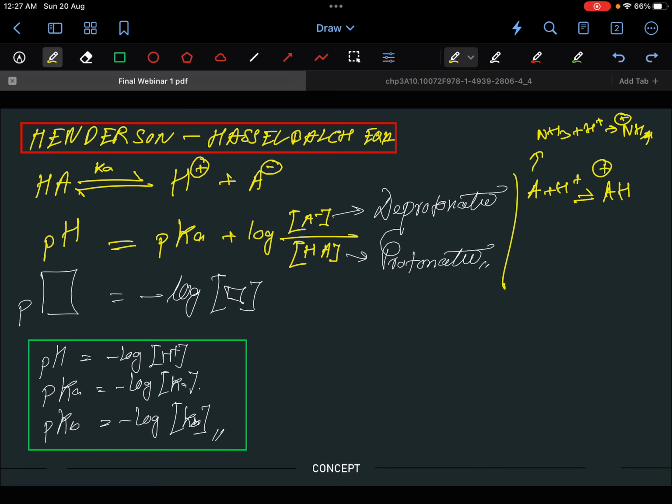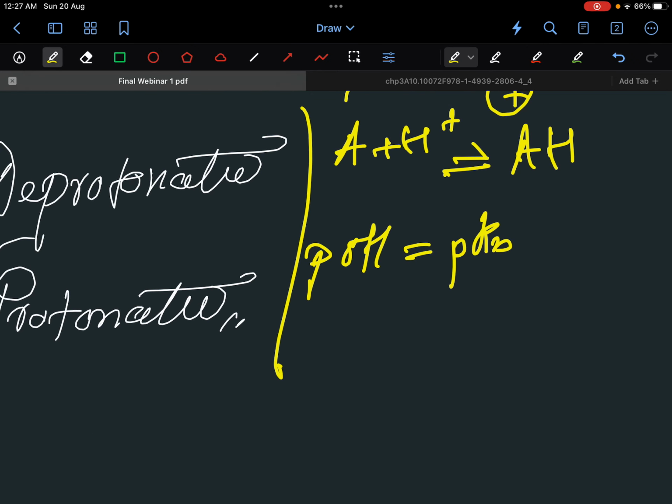So what will be the formula for finding the pOH? Similar to that one, pKb is the dissociation constant of the base. So pOH is equal to pKb plus log of, what do you think?